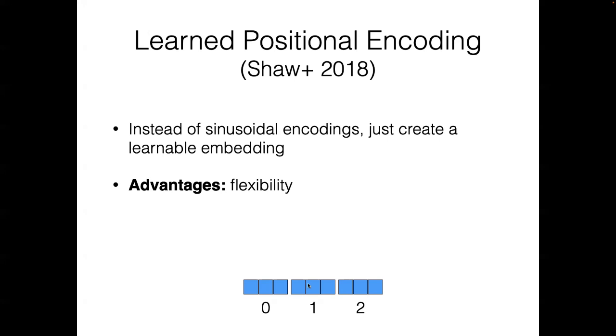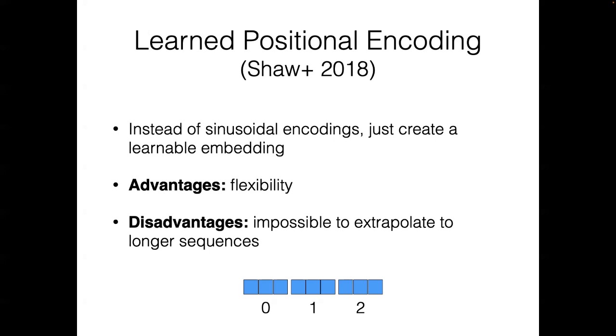As you saw in the implementation, this is very simple to do. A disadvantage is that you can't extrapolate to longer sequences. So if your model has only learned embeddings on this names data set, and let's say all the names are shorter than 15 characters, then it's never learned some representation for position 16. And so in practice, it performs very poorly if you have a longer sequence.